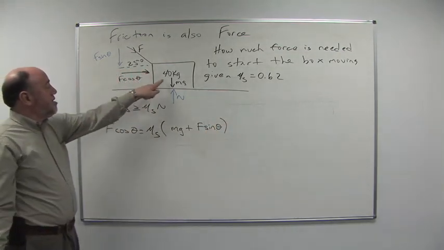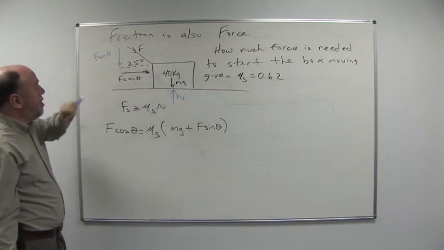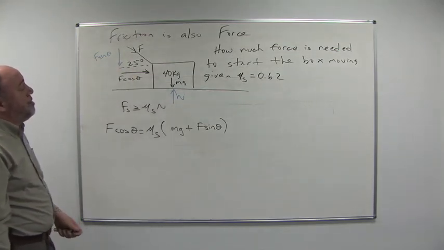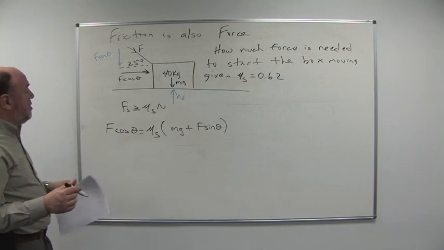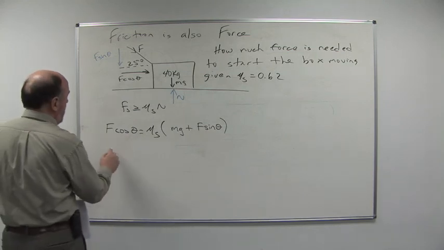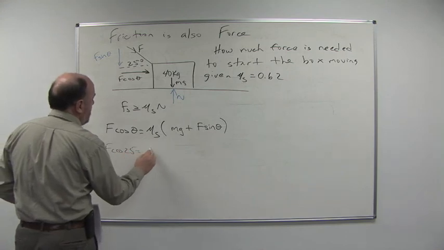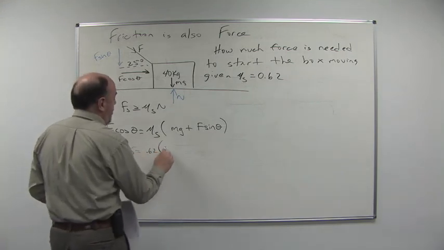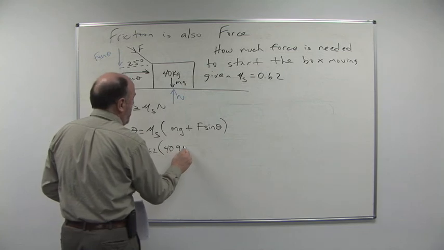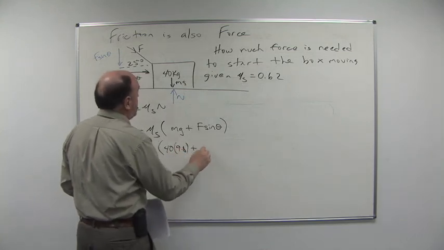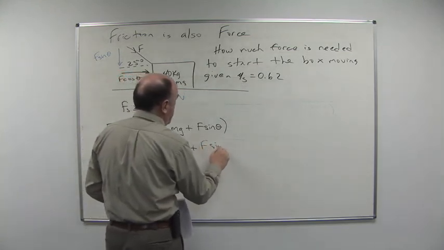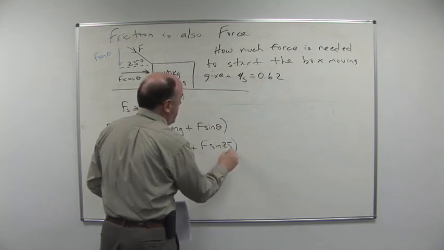So the normal force has to balance out the weight plus this part of the applied force. So now we can take all our numbers and start plugging this in, and so we get F cosine 25 equals 0.62 times 40 times 9.8 plus F sine of 25.